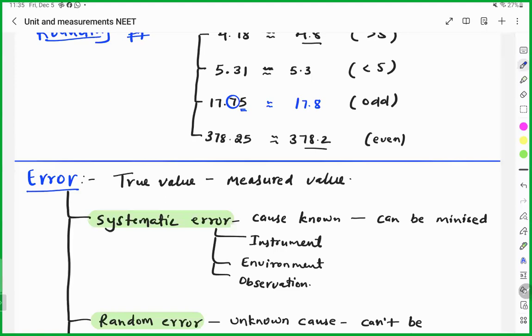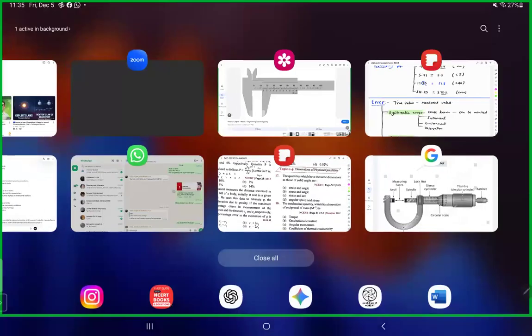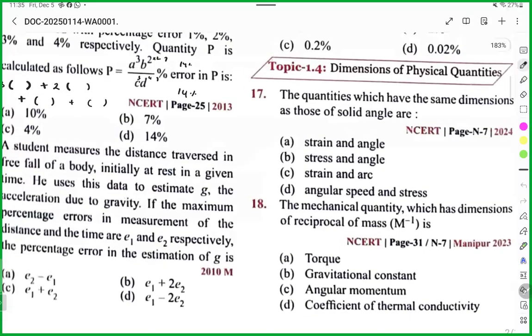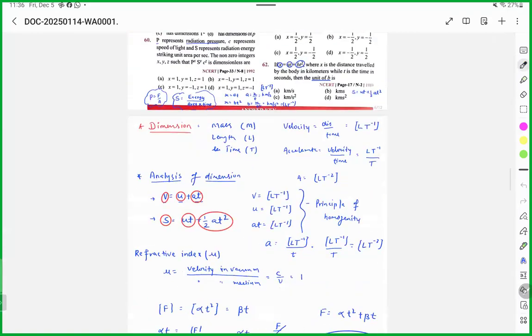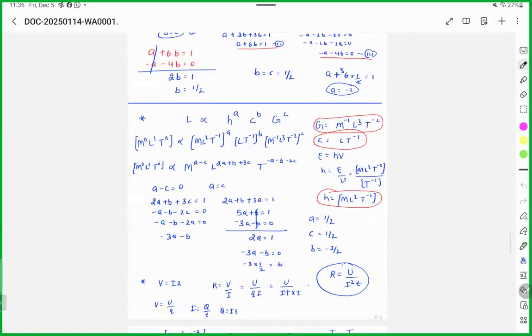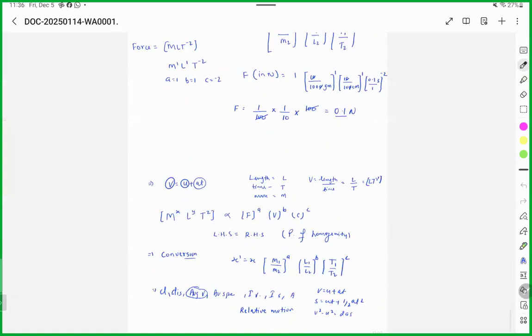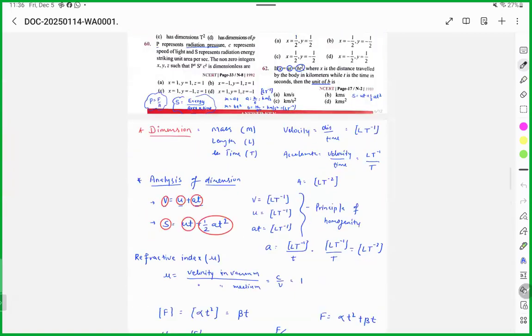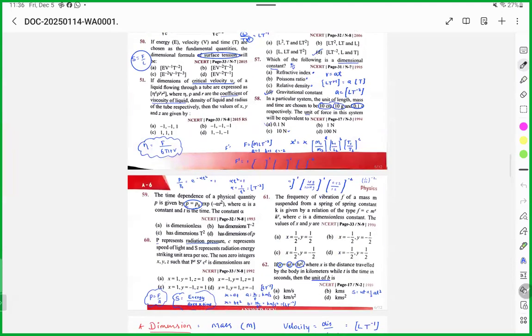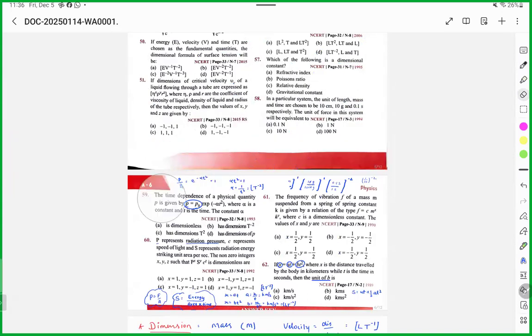Okay, so how many questions are there in this PDF? Oh wow. I will rub this part so I can explain it later, so you can solve it properly.